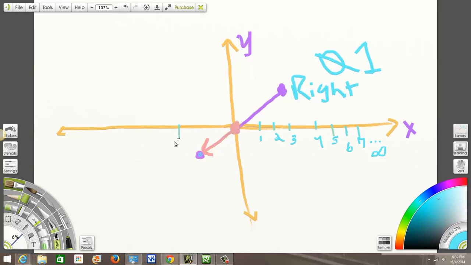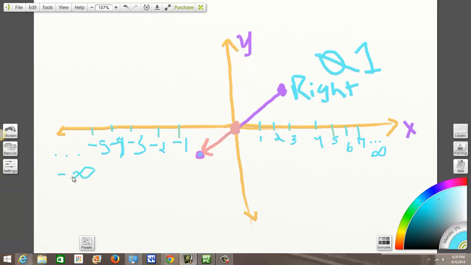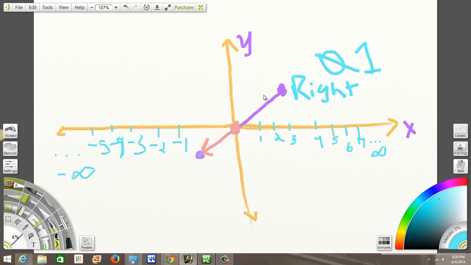And on this side we have -1, -2, -3, -4, -5, and it goes all the way up to negative infinity. So where is this? Oh, and we put 1.